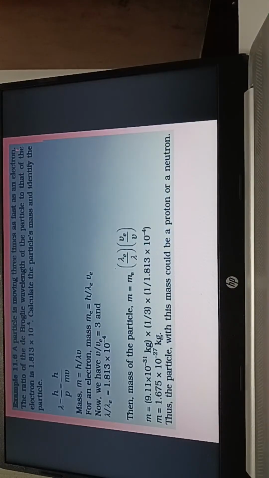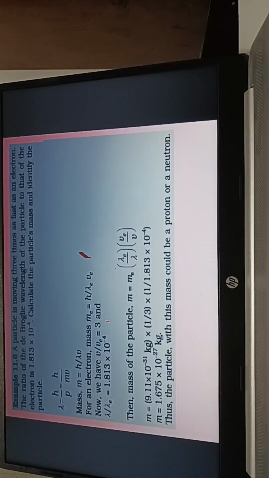3 times faster than the electron. It depends upon the velocity. Lambda is h by mv. Mass is h by lambda v. Electron mass is this much. Yes, sir.